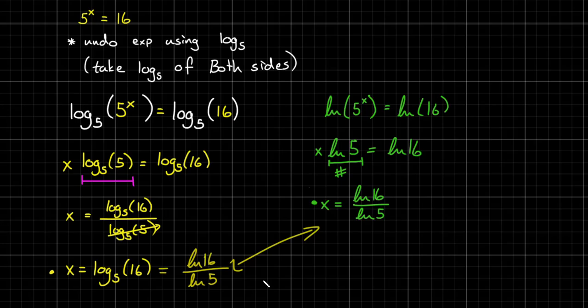Addison, I see what you're saying about the change of base, but how do you know that you can just change it to ln instead of base 5? So we can change it as long as the base matches. We did not prove it. I could have done this and I chose this to see that they're the same, but it really doesn't matter. If I had chosen here to do log base 10 instead, just by choice, then my argument would have been, oh yeah, this is just log base 10 of 16 over log of 5.